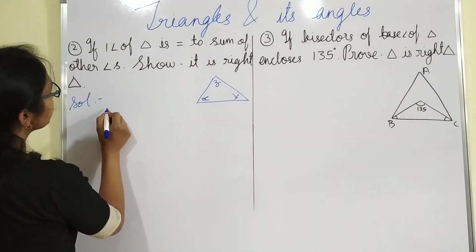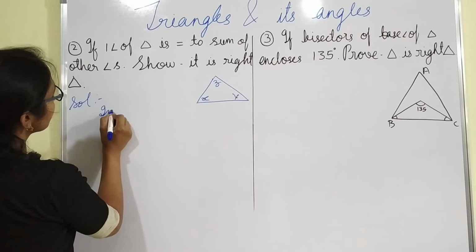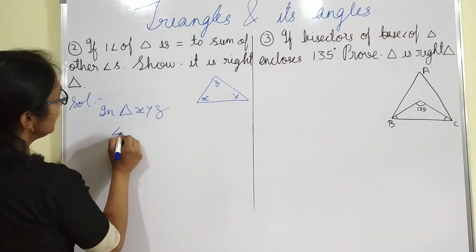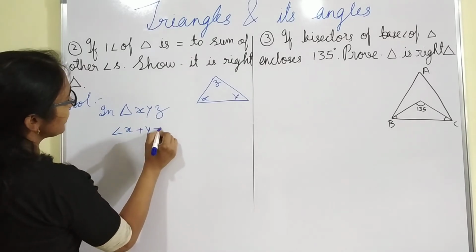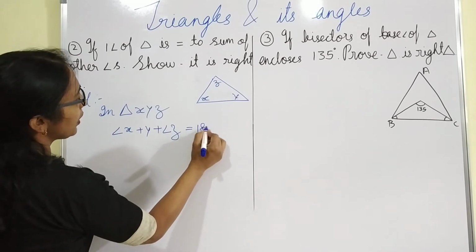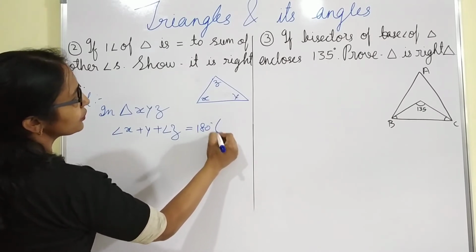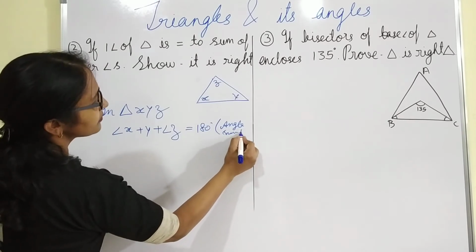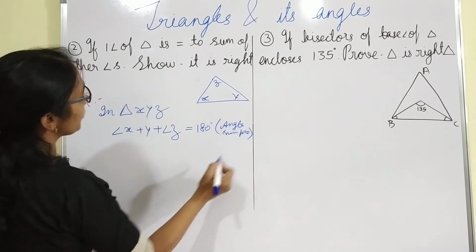Now in triangle XYZ, angle x plus angle y plus angle z equals to 180 degree according to angle sum property.